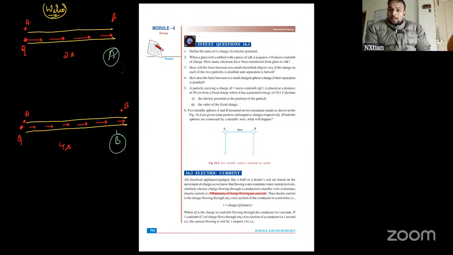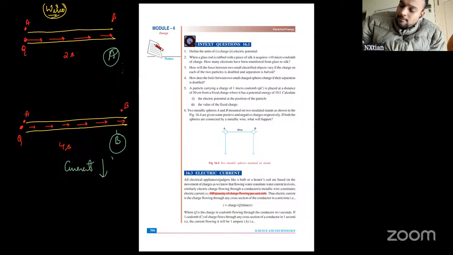So it means that in wire B, the same charge takes a lot of time to reach, compared to A. So the current in wire B will be less.